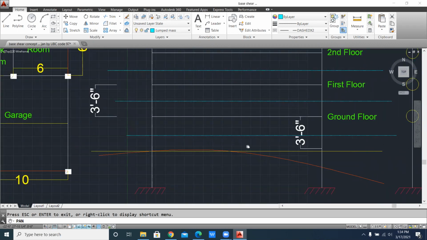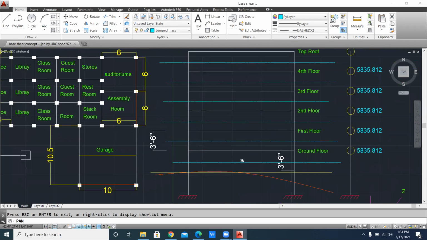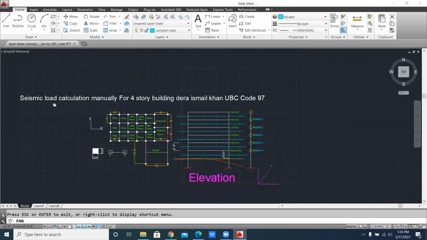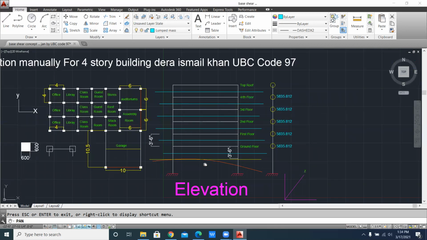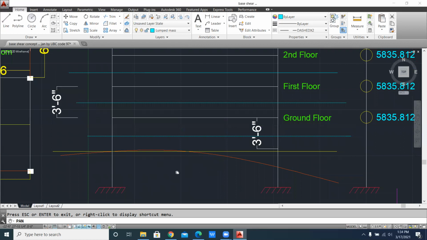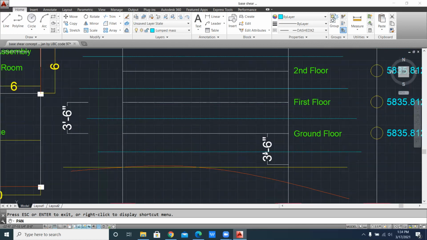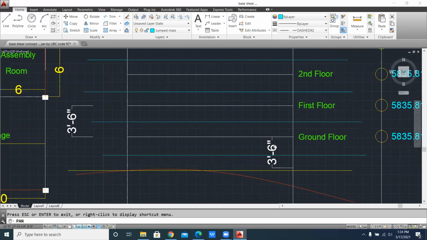Always consider this while finding the seismic weight, as we are calculating the seismic weight manually for a 4-story building in Dera Ismail Khan, UBC code 97. The line below the structure is known as the contour, and you cannot find the seismic load there. Here you can see the story height, which is 3 foot 6 inch.